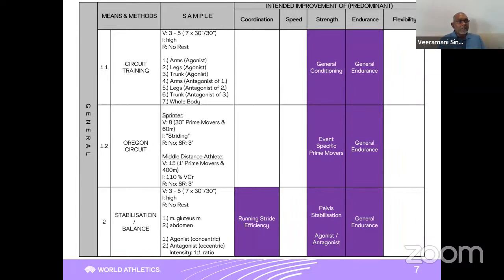Middle distance guys, on the other hand, have 15 repetitions of 1 minute. Again, prime mover. But what you can see here is that instead of running a short 60 meters, you're actually running 400 meters. So again, it could be at 110% of VCR, with no recovery, and you have what we call set rest of 3 minutes. So this could be very event-specific prime mover development or strength improvement, and also can be general endurance.